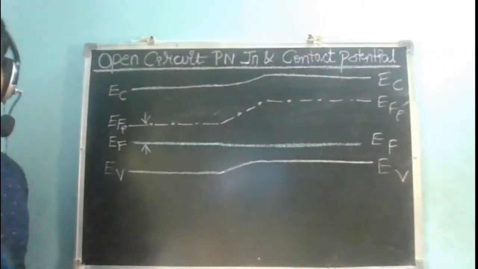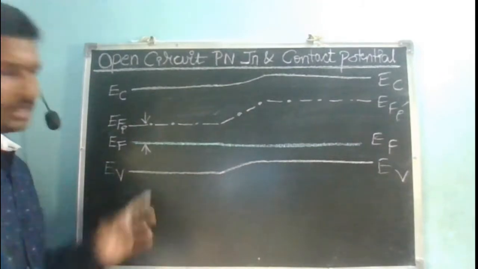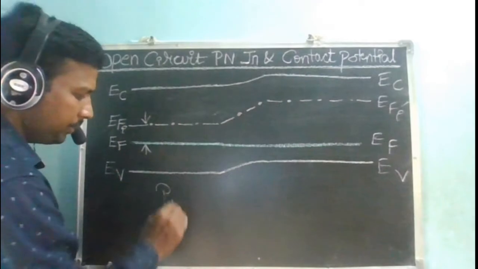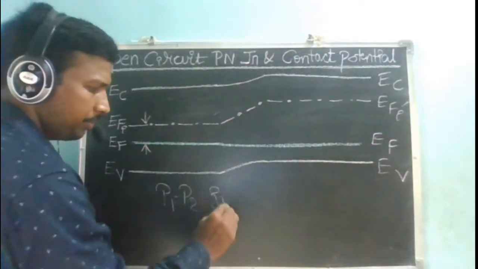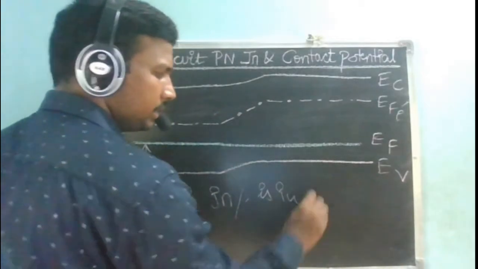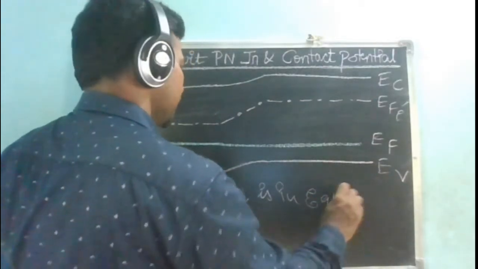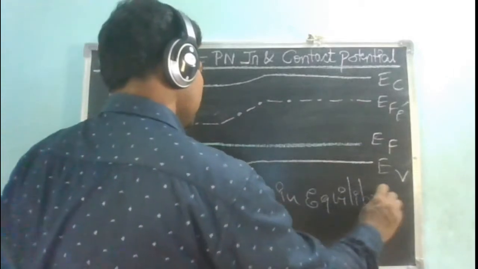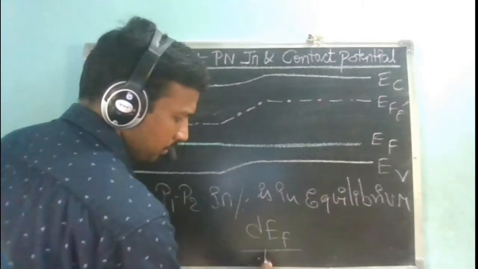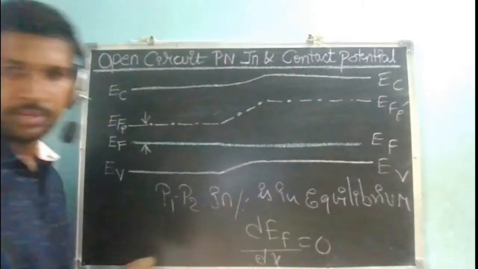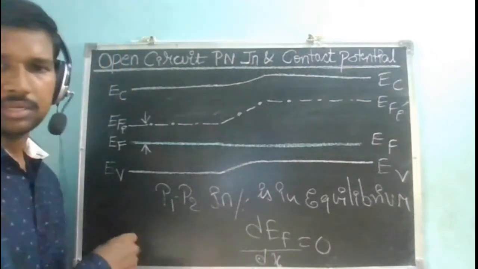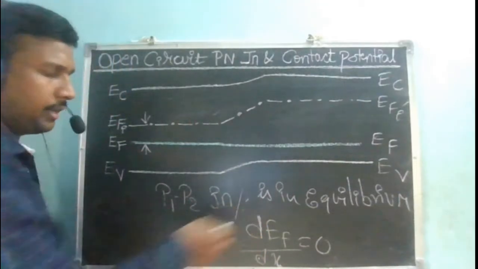So what is your observation? Your observation is that the Fermi energy level has got aligned to show that my P1 P2 junction is in equilibrium. Whenever the slope of my Fermi energy level is 0, then what do I say about the current flowing in the semiconductor?